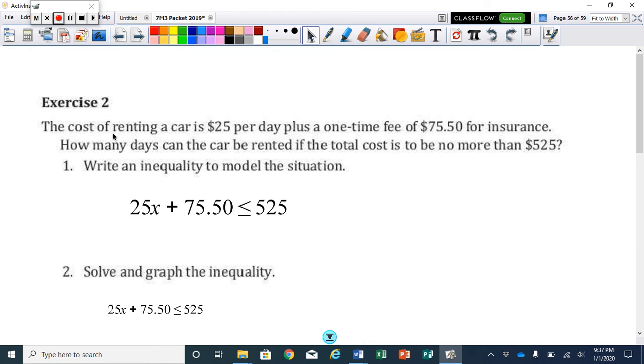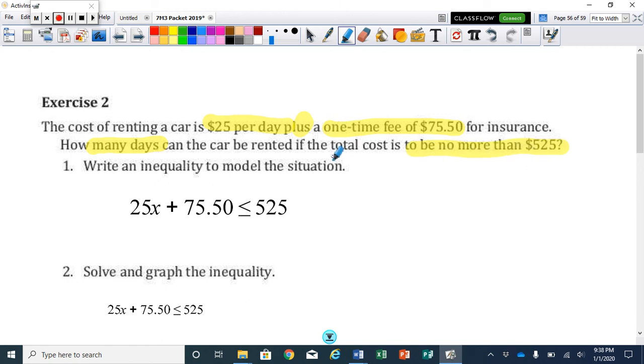The cost of renting a car is $25 per day plus a one-time fee of $75.50 for insurance. How many days can the car be rented if the total cost can be no more than $525?